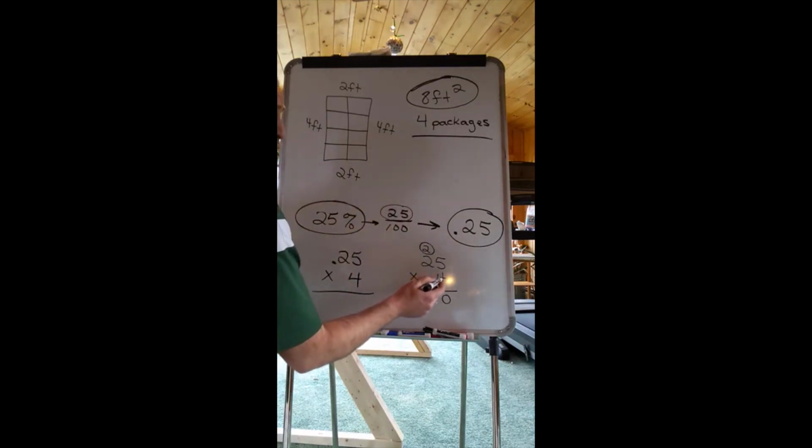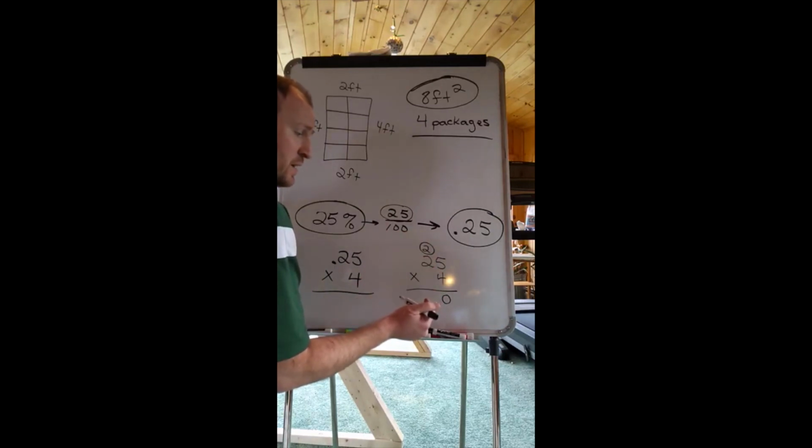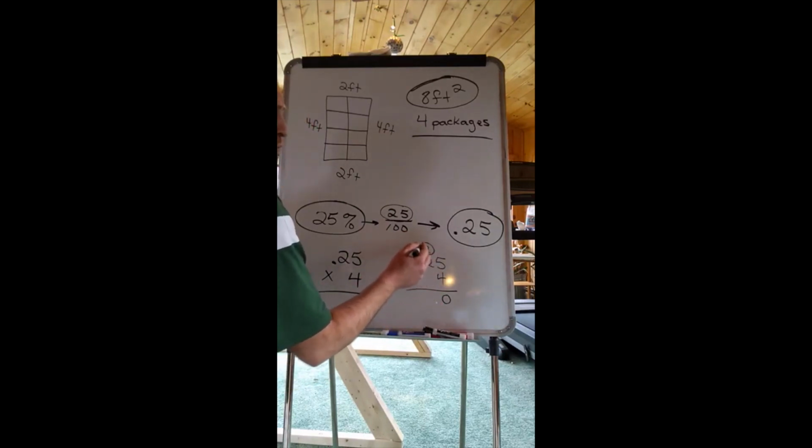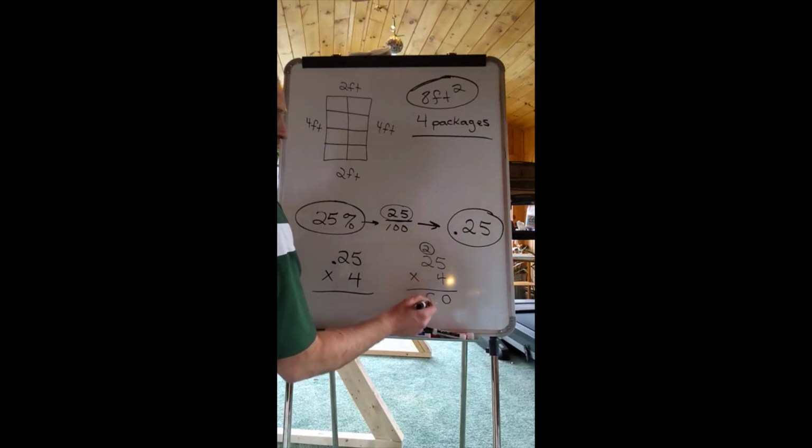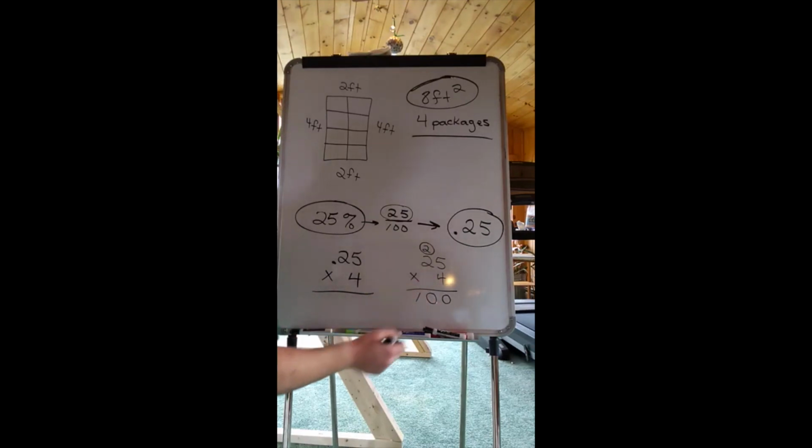So, 4 got multiplied by 5, gave us our 20, put the 0 here, carry the 2. Now 4 multiplied by 2 is 8, but then we add the 2 on top of that. So 8 plus 2 is 10. So 25 multiplied by 4 is 100. Okay?